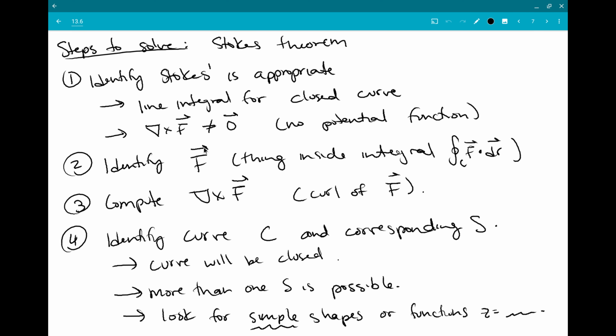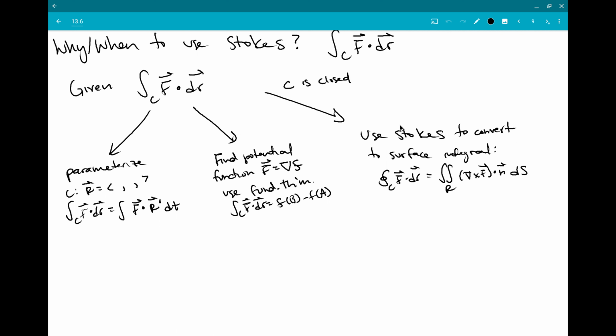The second thing I said, that del cross F shouldn't be equal to 0, wasn't really a rule of Stokes. You technically can use Stokes if del cross F equals 0, but you would do all this setup to integrate 0 and get 0 out of it. The reason is that if del cross F equals 0, that's when you could find a potential function.